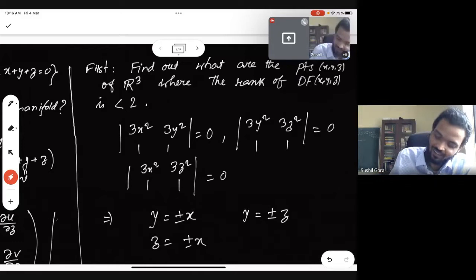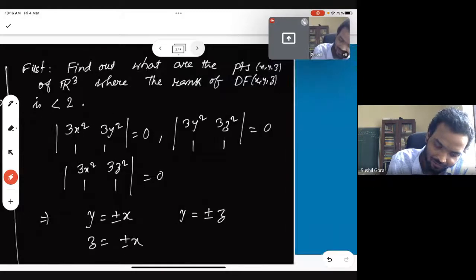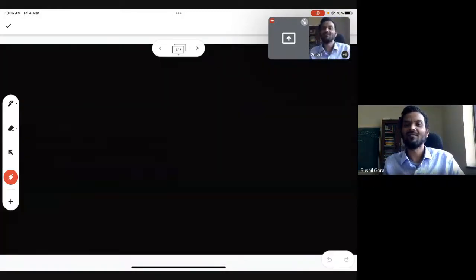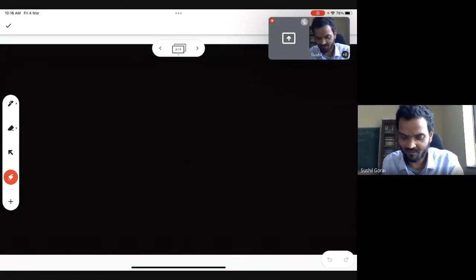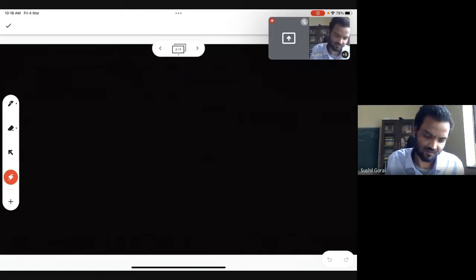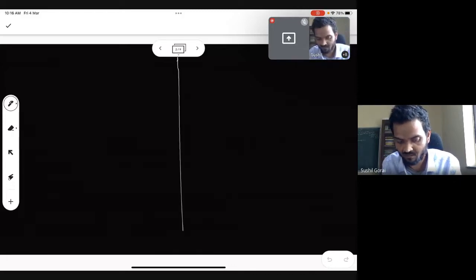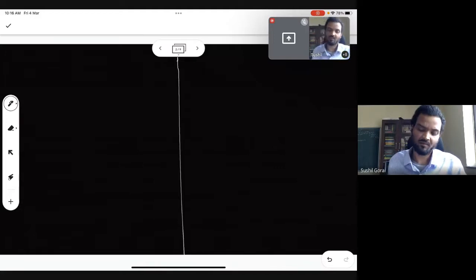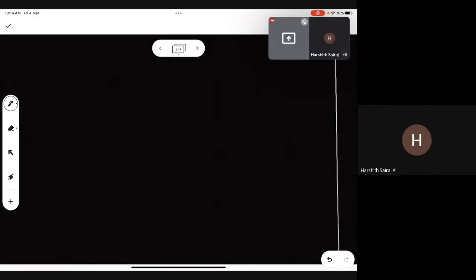Now, this part you might have missed, most of you. Are these points lying in the set S? If all of them are plus or minus each other, then x plus y plus z can never be 0 unless all of them are 0.